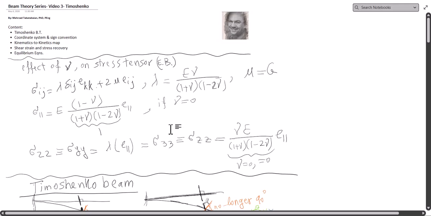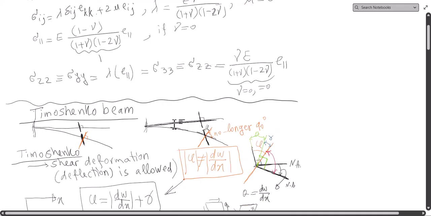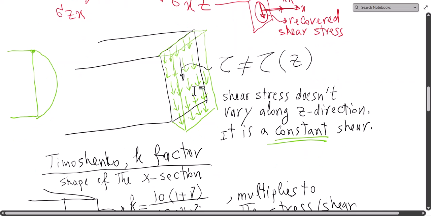In the follow-up video, I will treat another beam theory. As I mentioned here, the Timoshenko beam theory suffers from inconsistency of shear stress compared to the top and bottom, because this is zero, whereas Timoshenko says that the shear stress is constant along the z direction on the surface, which is not true, but at least we get some shear.